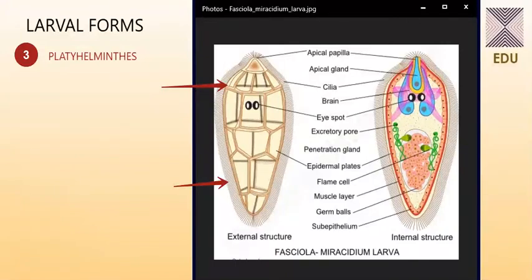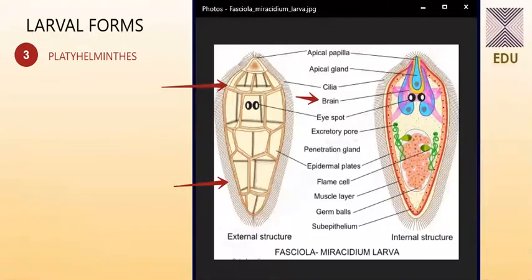So if I go for the important structures present in this larval form, these are highly specialized forms, as they have got a brain to find out the Limnaea snail, as that is a secondary host for the Fasciola hepatica.